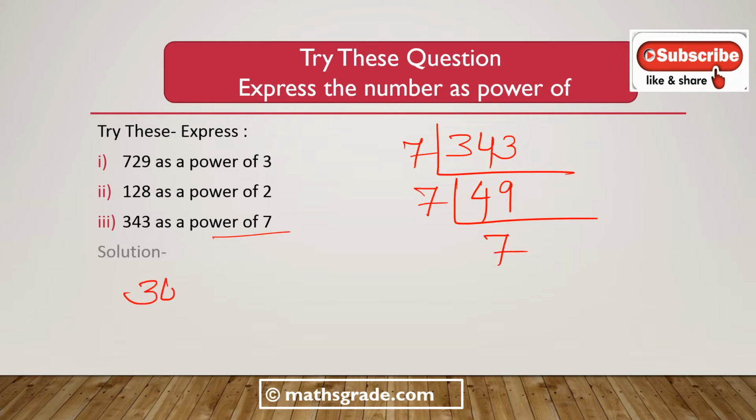So 343 is 7 multiplied by 7 multiplied by 7, which is 7 multiplied 3 times. So 7 to the power 3, where 7 is the base and 3 is the exponent or the power. So 343 can be expressed as a power of 7 as 7 to the power 3, 7 cube.